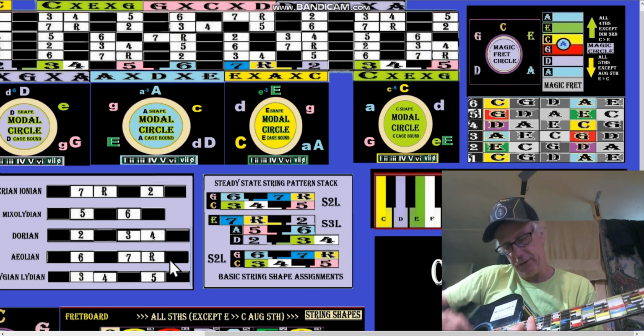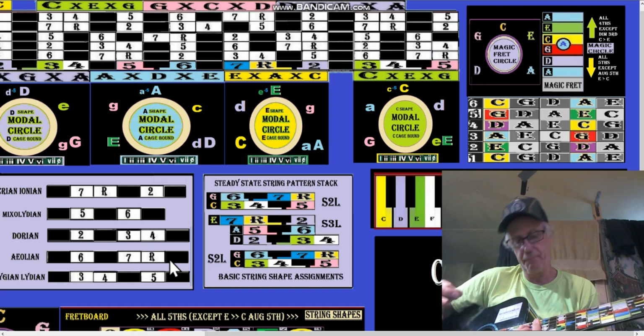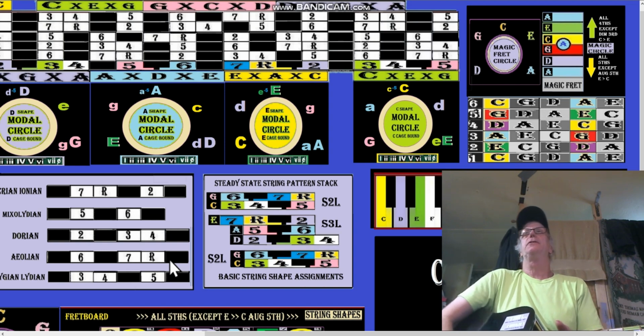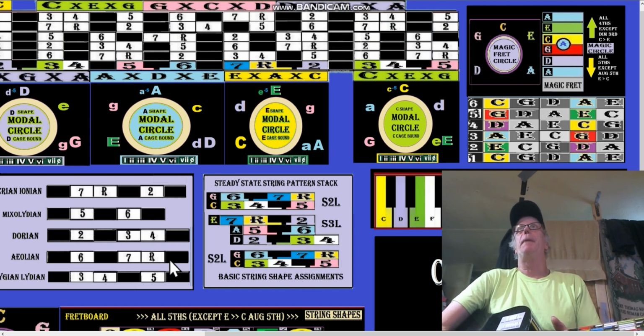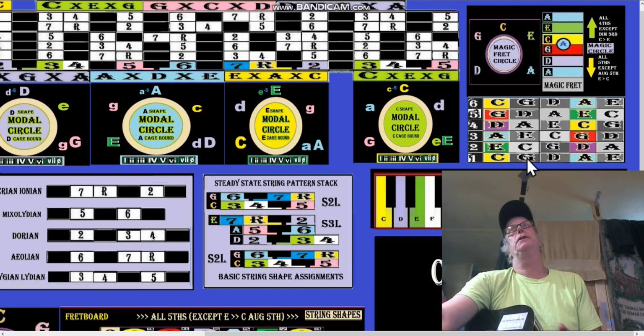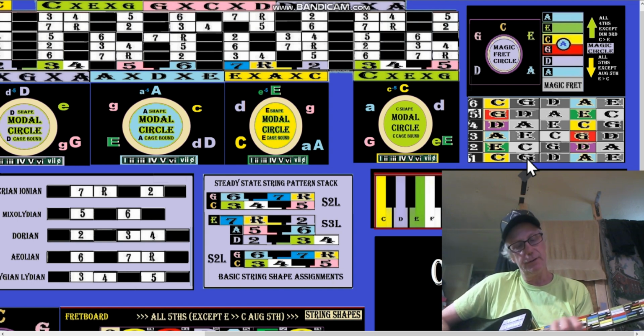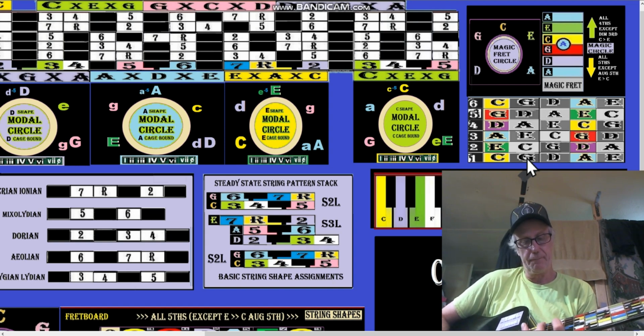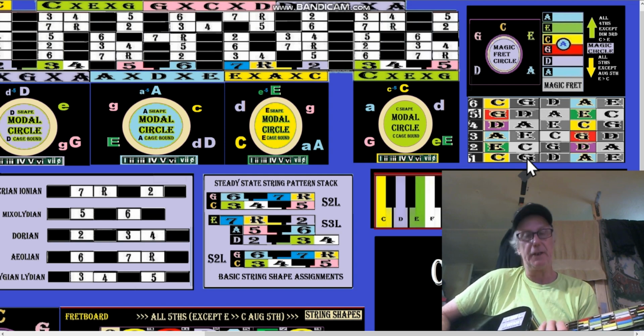Okay, that's your E-shaped C. The interesting thing is if you can do that backwards. In other words, if I start a G shape where G usually is, sounds like an octave below.